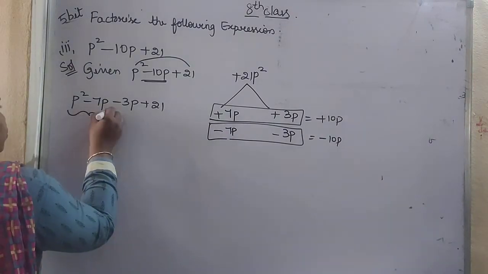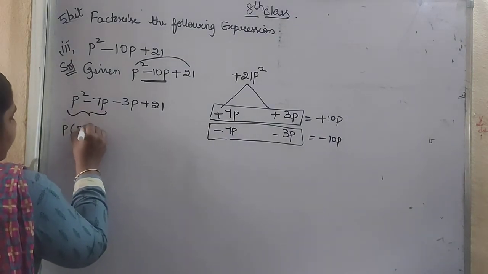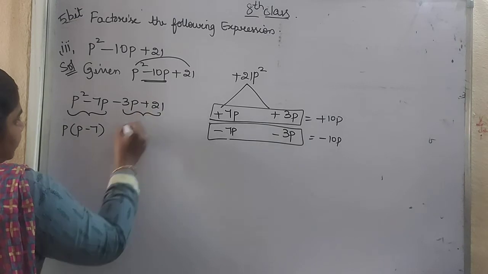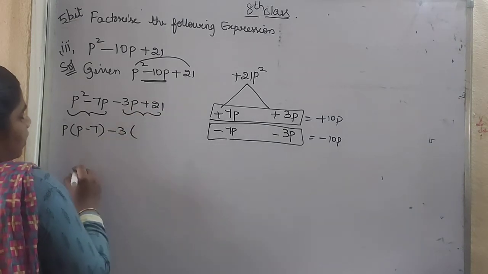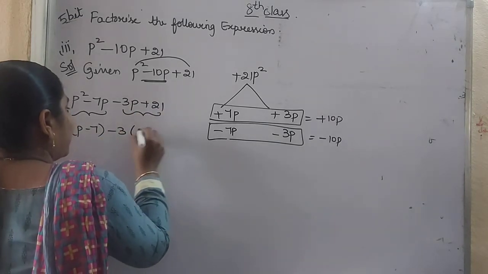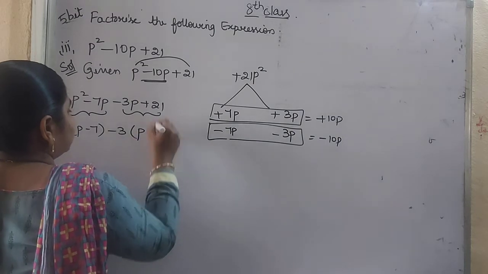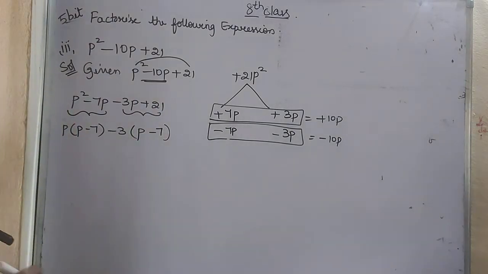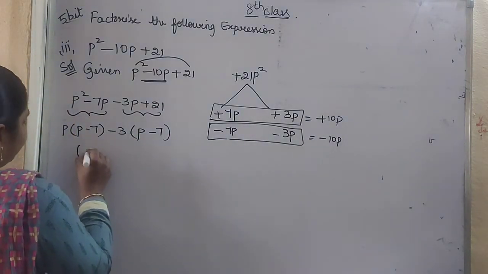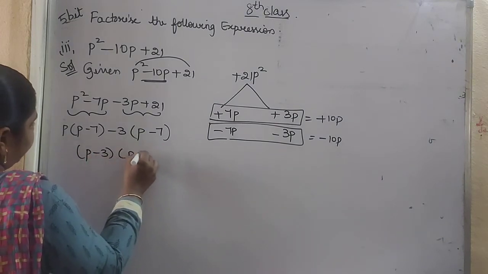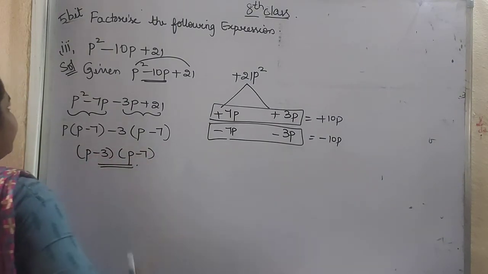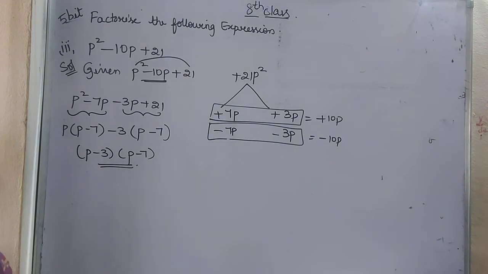From these two, p is common, p minus 7, and from these two minus 3 is common. So it will be p minus 7, 3 7 times is 21. So what are the factors now? The factors are p minus 3 is one factor and p minus 7 is other factor. So this is our third question.